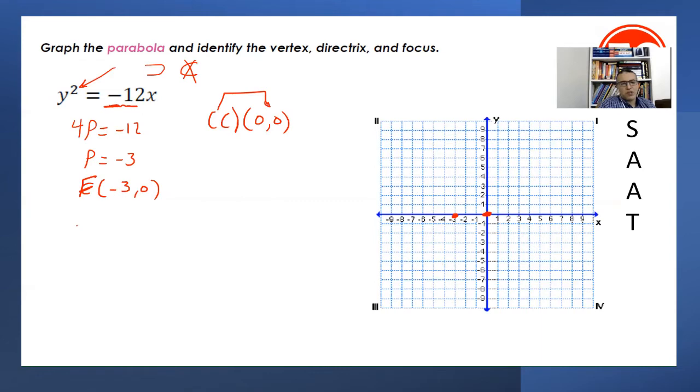What about the directrix? In this case, the directrix is on the opposite side, because it will be beyond the curve. It's the negative of p, and p is -3, so it's equal to 3. So you go to 3 and you draw a straight line. This is called the directrix. Here is the center, and I will sketch the parabola.